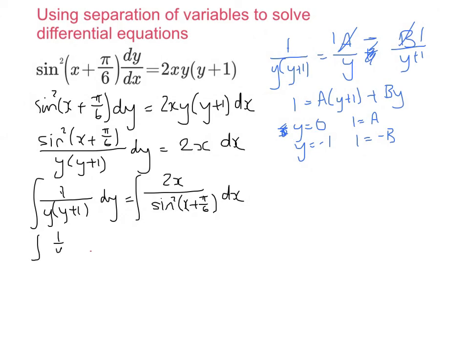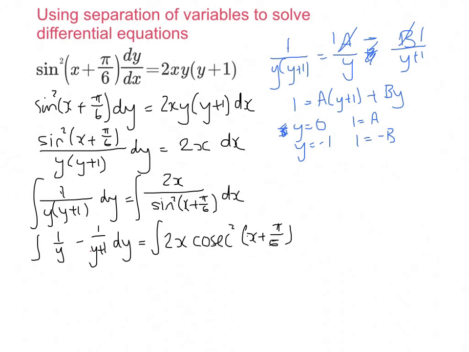So this is 1 over y minus 1 over y plus 1, and obviously I would never go ahead and do this without actually checking, equals 2x, and instead of divided by sine squared I'm going to write cosec squared of (x plus pi by 6).